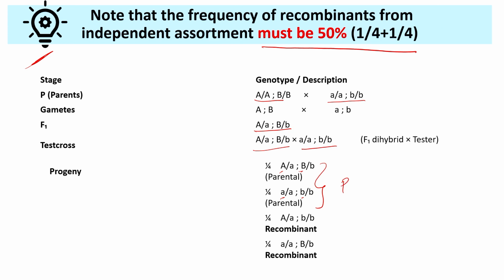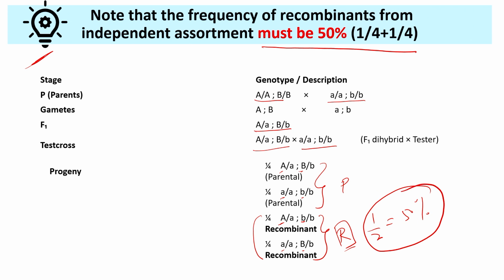And these two, capital A with small b and small a with capital B, are the recombinant types, right? So the maximum possibility of getting recombinants is 1/4 and 1/4, right? So only half, which means 50%. You can only get recombinants up to 50%, right?